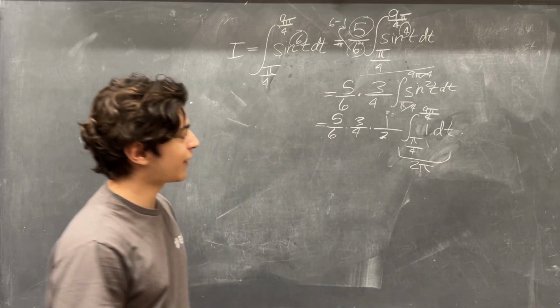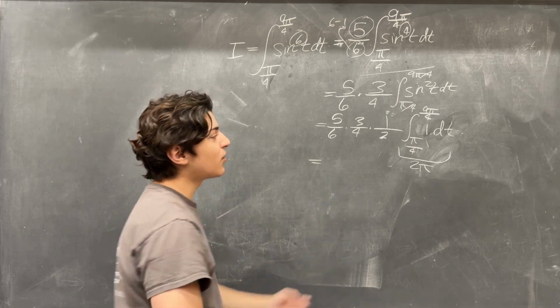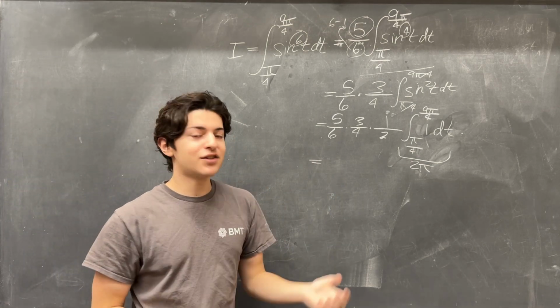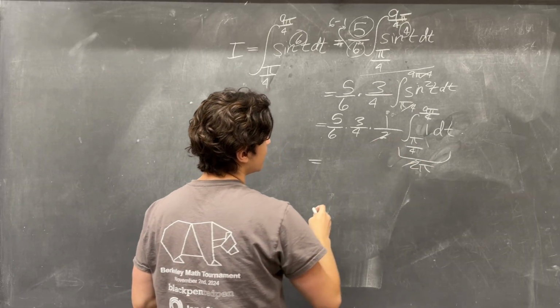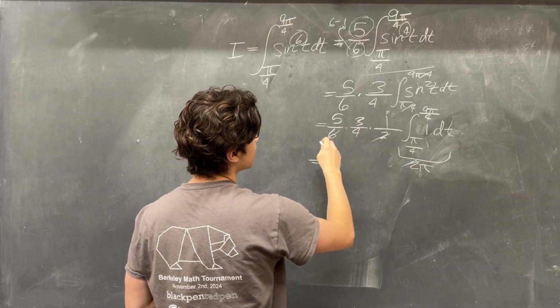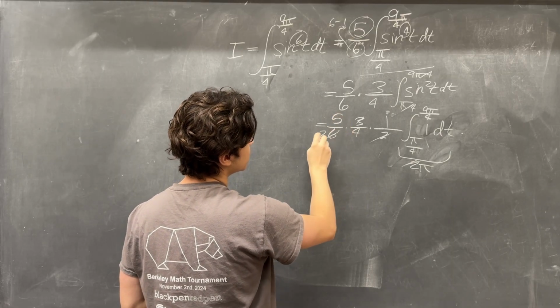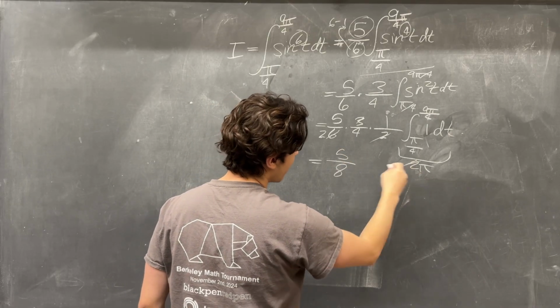So this integral will evaluate to 2 pi, which means that we've gotten rid of all the integrals from this expression. So now it's just a straight multiplication, and if we do that real quick, these 2's cancel, and then the 6 cancels the 3 and creates a 2 at the bottom. So all in all, we'll get 5 over 2 times 4, which is just 5/8 times pi.